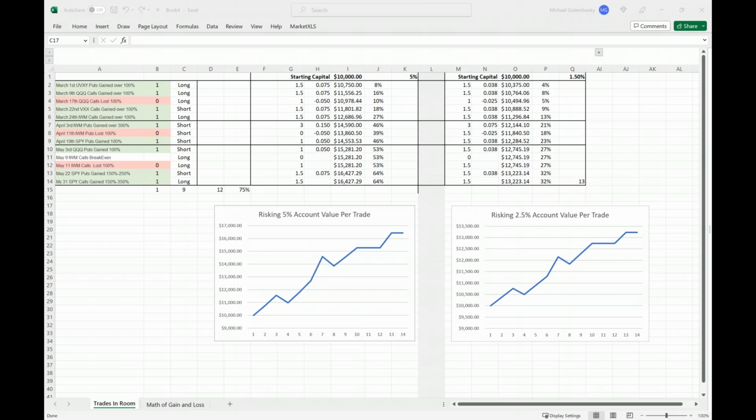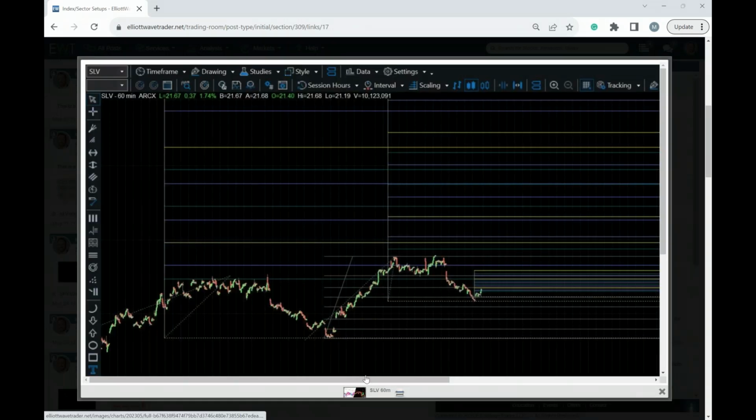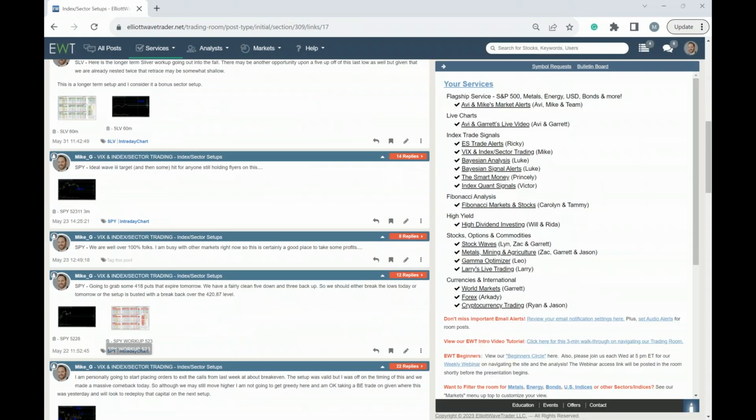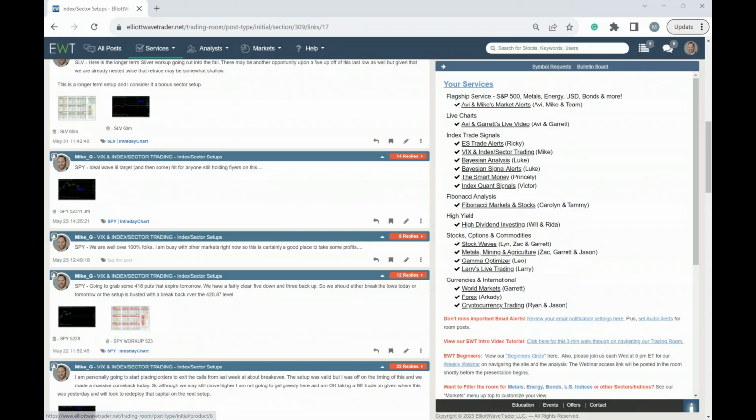It's an SLV trade, this one here. So long silver, looking for a move up to around 28 to 30-ish by September. That's the setup. So that trade's still open, but other than that there's nothing open. That's a bonus trade.